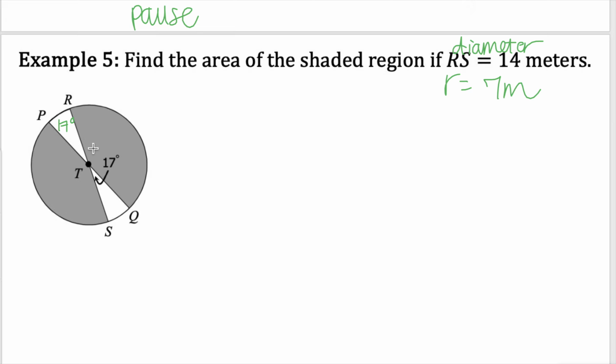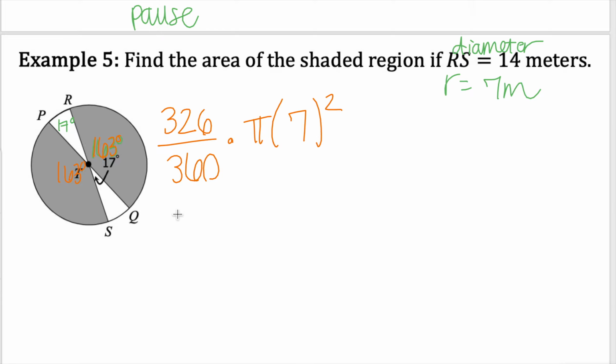Both of these measures for the shaded regions are going to be 163 degrees. Or you can really just take 34 minus 360, because we're going to end up using 326 out of 360 for that shaded region, and then times pi times 7 squared, because 7 is our radius. So 326 times pi times 7 squared is going to be 139.4 square meters.